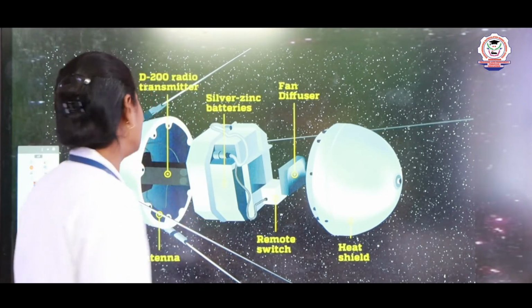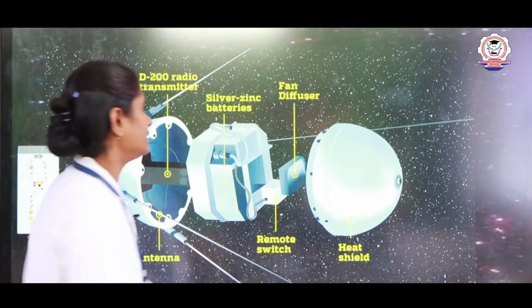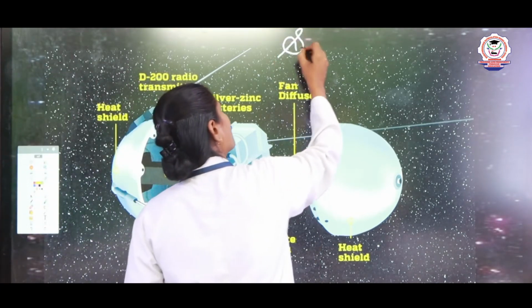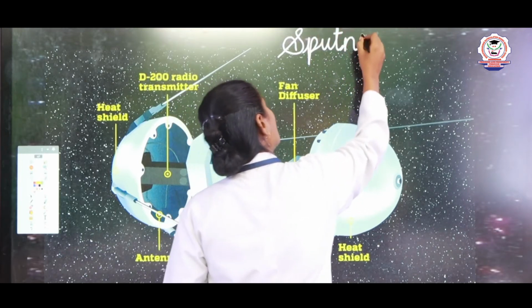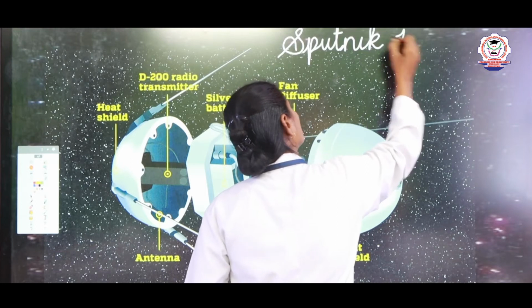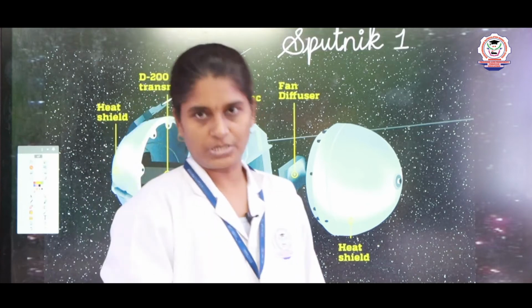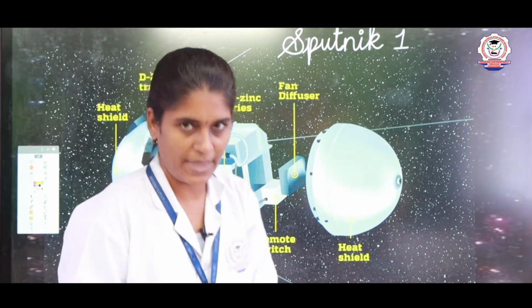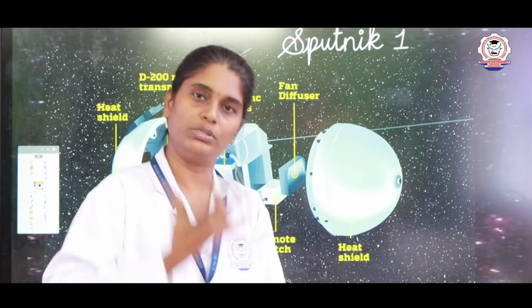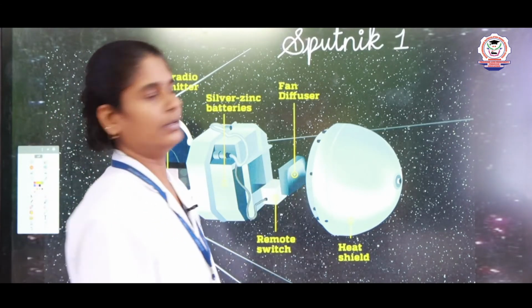The name of the satellite is Sputnik 1, which was launched by Russia. This is the first satellite that went to space to take information about the Earth, right? Here you can see Sputnik 1.